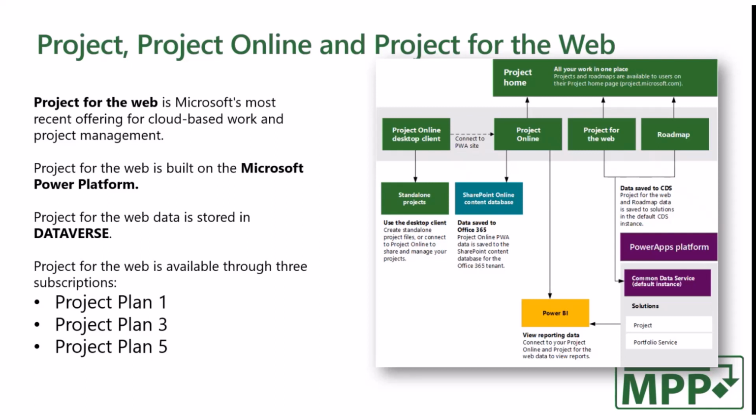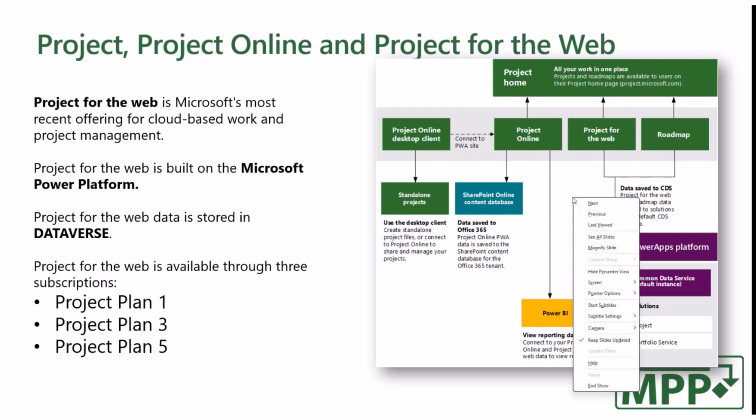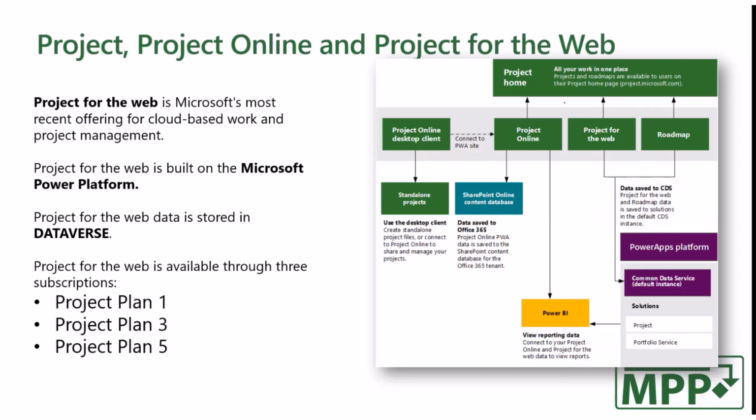When you start looking at the licensing and the subscriptions, you'll see these three start to stand out: P1, P3, and P5. We'll talk a little bit about the licensing and the subscriptions in a moment. But looking over on this right-hand side, one thing you'll notice very distinctly is that Project for the Web is on the right-hand side here, and it's a separation point.